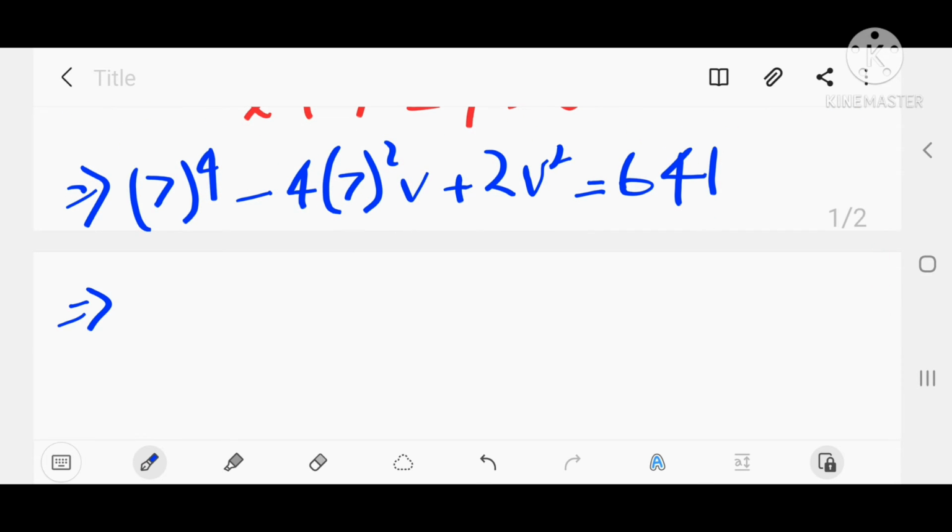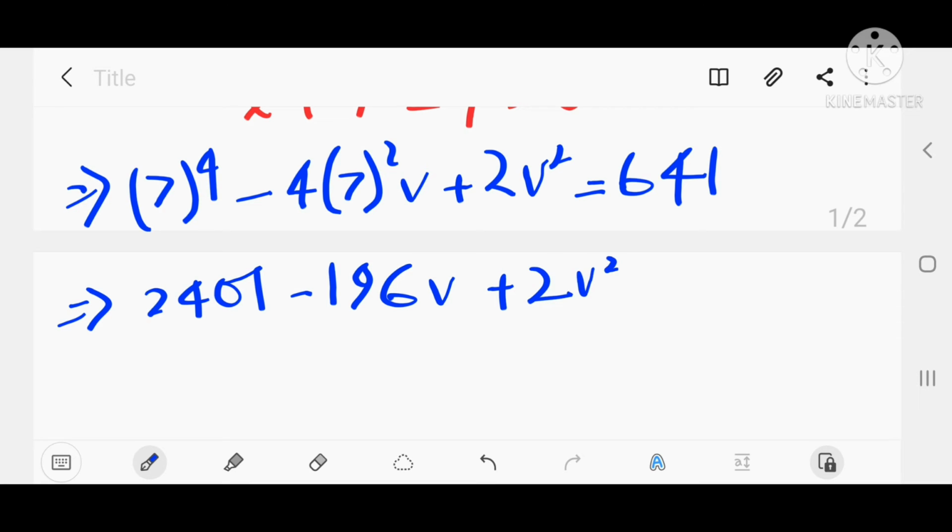So we have, further simplification, 2401 minus 196v plus 2v squared equals 641.